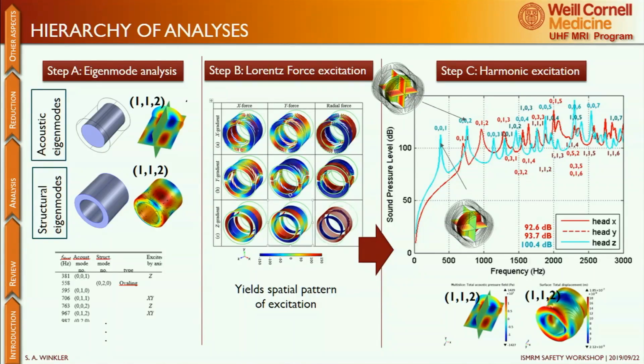And you can make a list of all these eigenmodes with their frequencies. And then obviously the sound pressure levels are excited by the Lorentz forces. So first of all, you have to look at what they look like. And these then yield a spatial pattern of excitation. Then you can run a harmonic analysis and you get a spectrum like this. So I'll show more of that later.